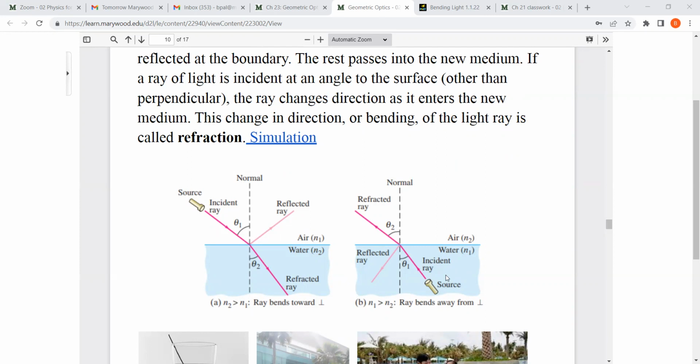Now, when light is going from low to high, you see that the refracted ray is bent towards the normal line. Let me go here.